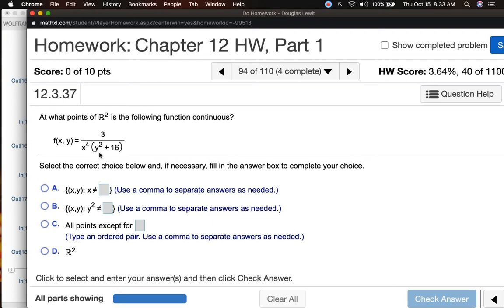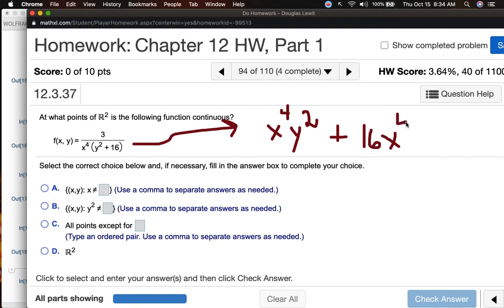So again, we have to think about this. If you expand the denominator, you're going to have x to the 4th power y squared plus 16 x to the 4th power.